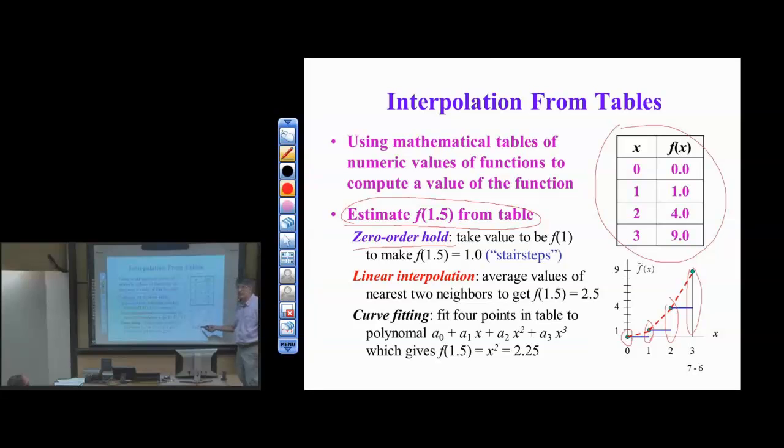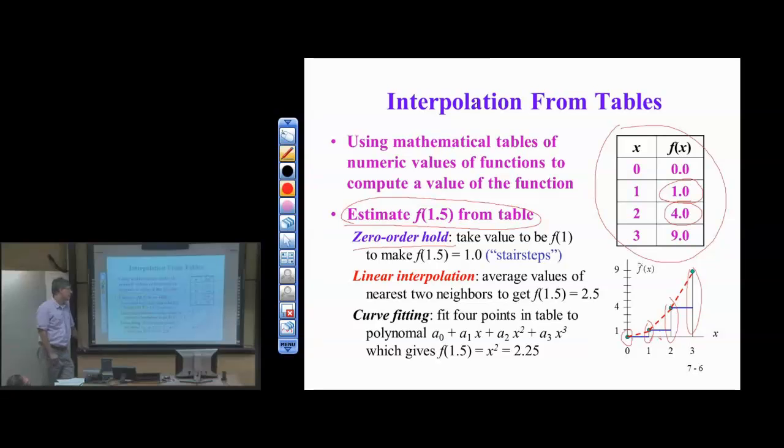I have that as red dashes. So if I want to know f of 1.5, and I want to look at the zero order hold case, it would just be 1. If I want to use linear interpolation, it'd be the average of the 2 closest values. So the 2 closest values are f of 1, which is 1, and f of 2, which is 4. So f of 1.5, which is the midpoint, would give me an approximate value of 2.5.